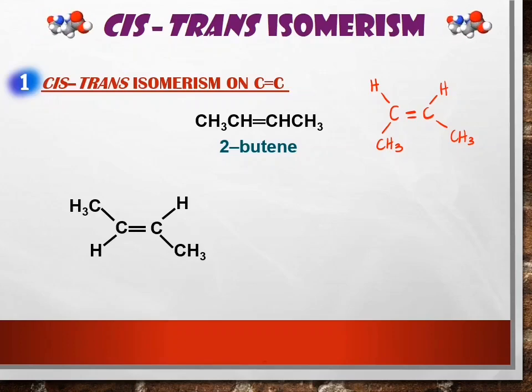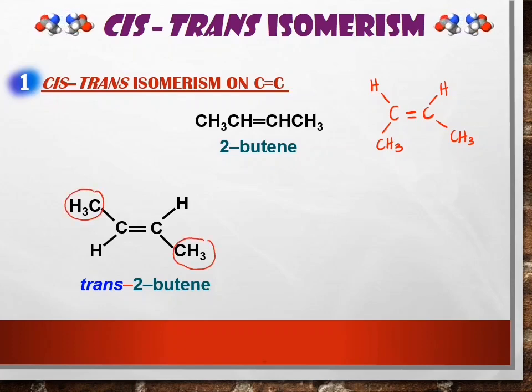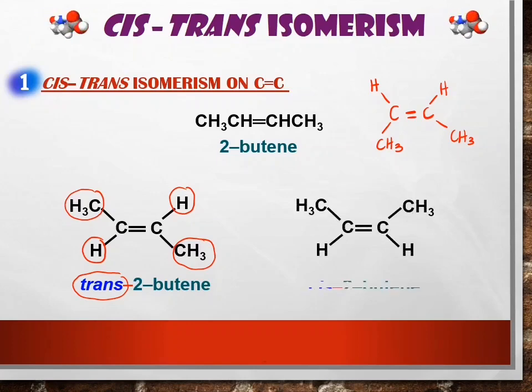Okay, so how to draw the cis and trans isomers? This is how you draw. The first structure here we call the trans isomer. Why trans? Because the atoms bonded to these carbons are on opposite sides. The 4 atoms here are on opposite sides. And the cis isomer should be drawn like this.